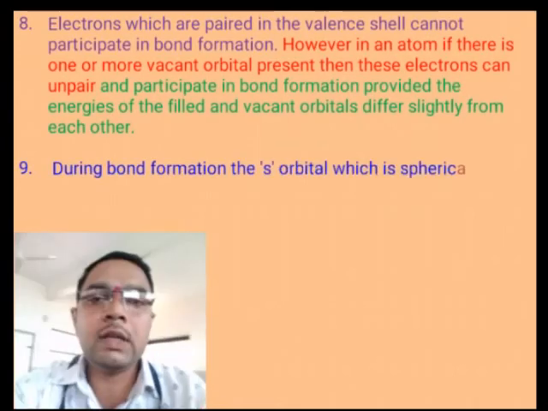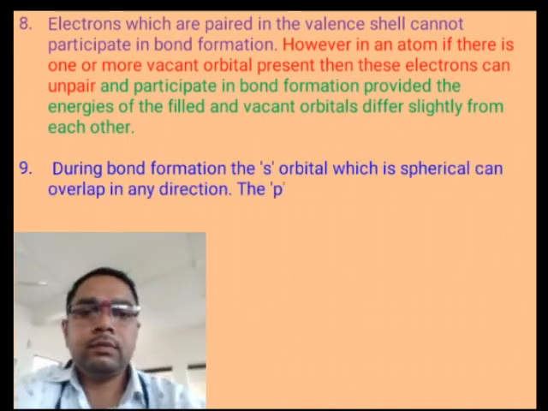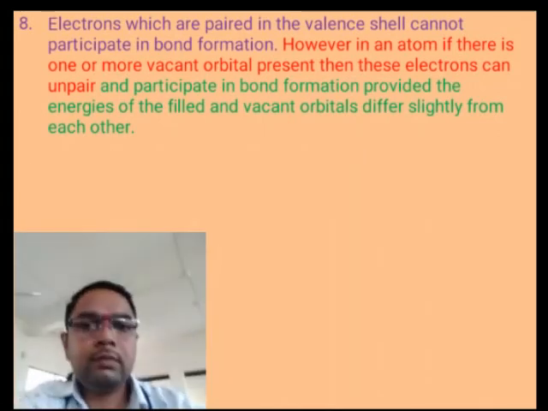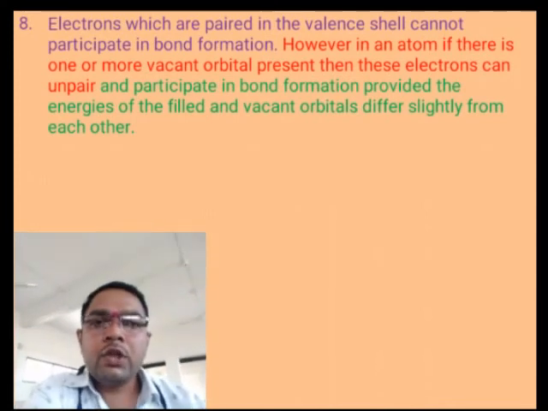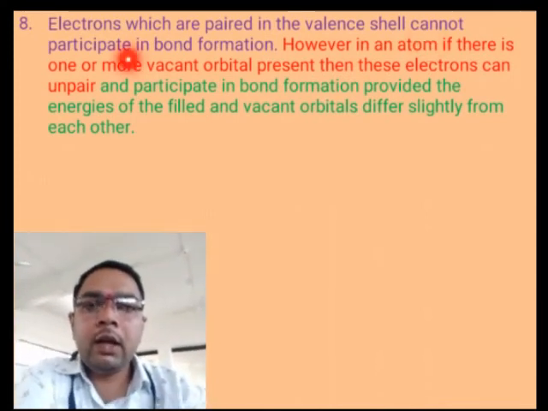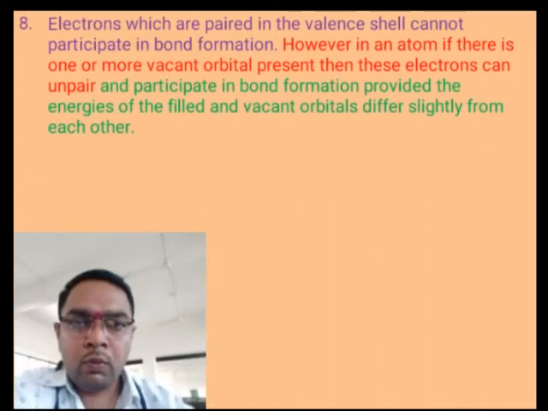The next point. The electrons which are paired in the valence shell cannot participate in bond formation.